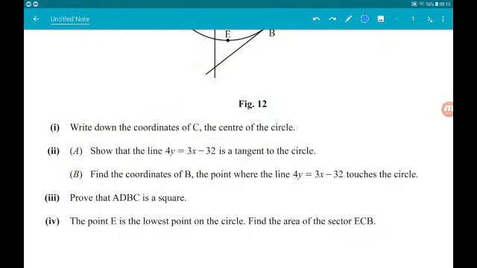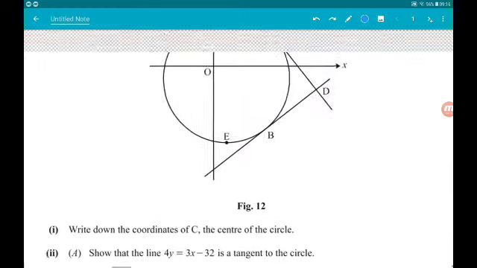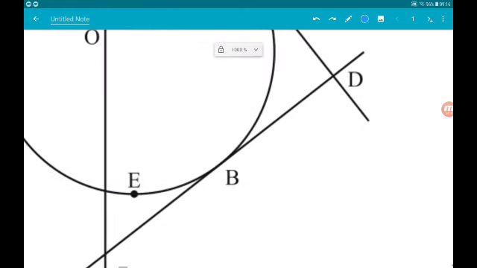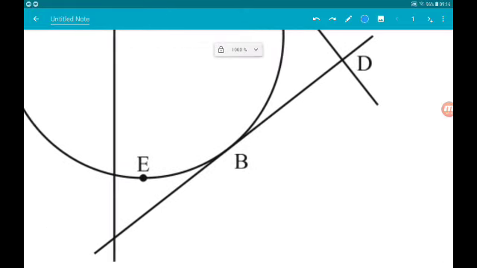Okay, then part b wants us to do exactly what we just did, work out the coordinates of the point of intersection of the tangent and the circle. We just did that, it was (4, -5). So let's start putting this info on the diagram.